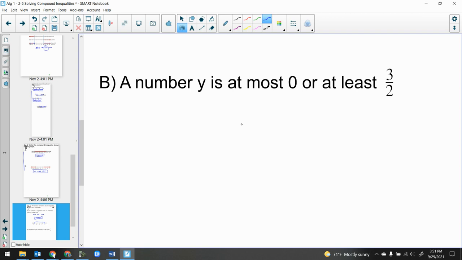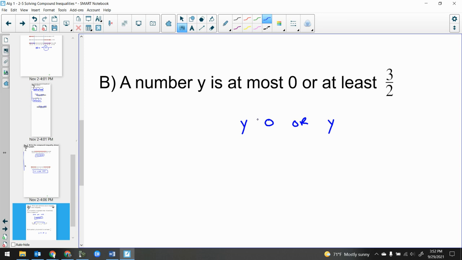And let's do this last one here. A number y is at most 0. So can it go over 0? No. I think I need to change this problem. Oh, I'm sorry. At most should be less than or equal to.